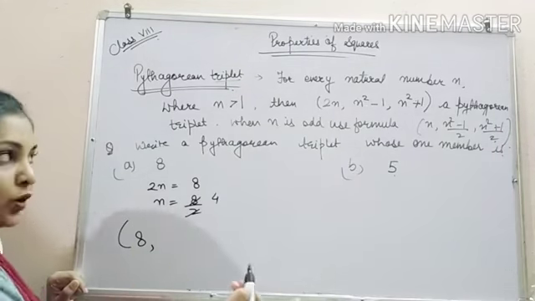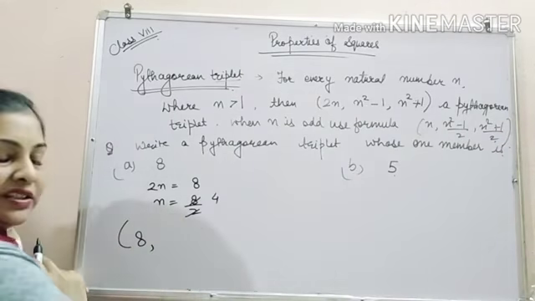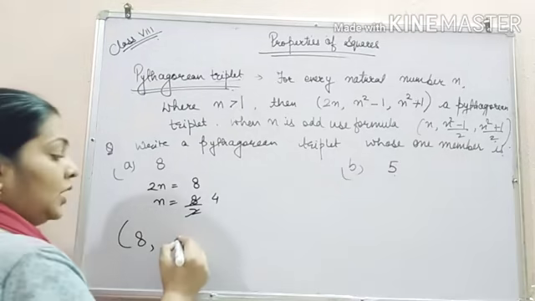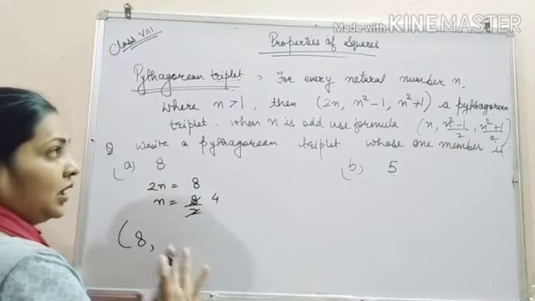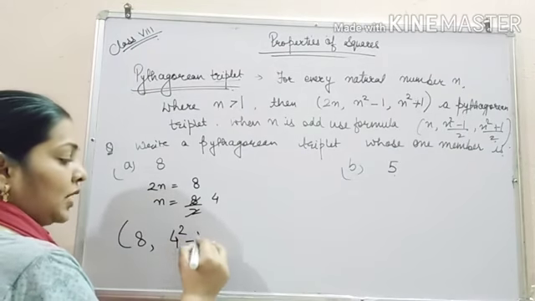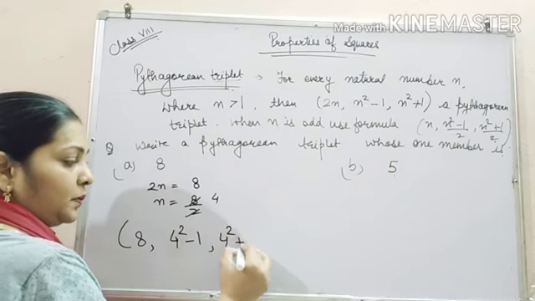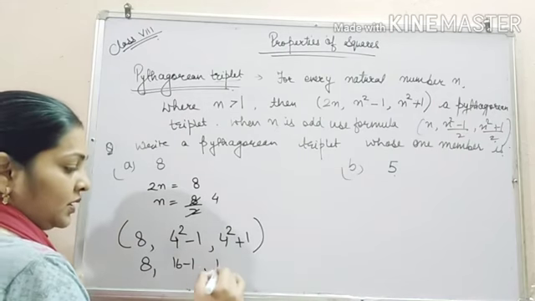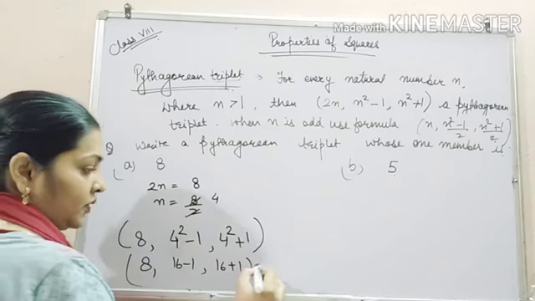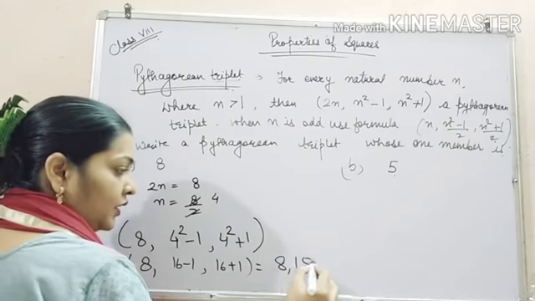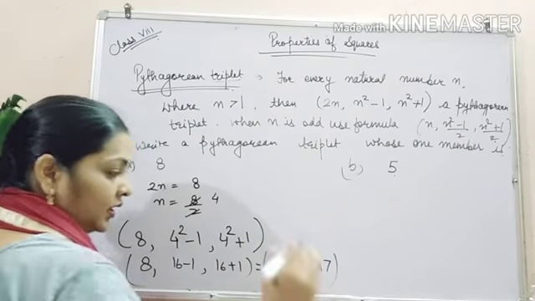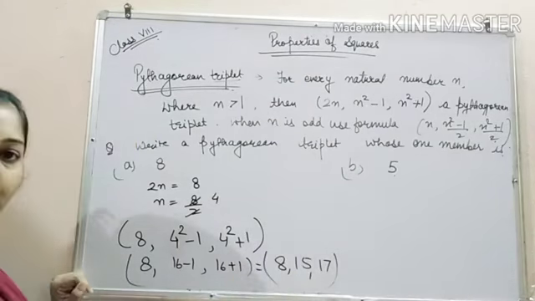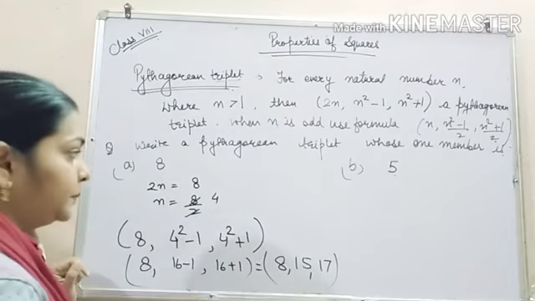First one is 8, we know already because we have taken 2n is equal to 8. Now put the values in the other. 4 square minus 1, 4 square plus 1. 8, 16 minus 1, 16 plus 1. 8, 15 and 17. This is a Pythagorean triplet.